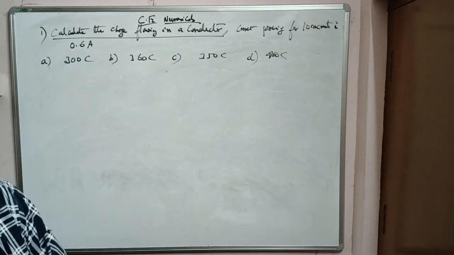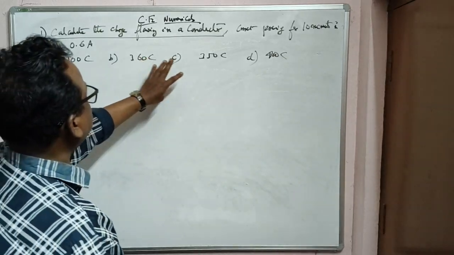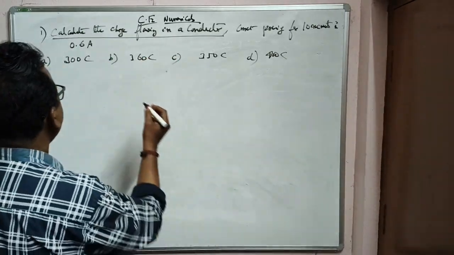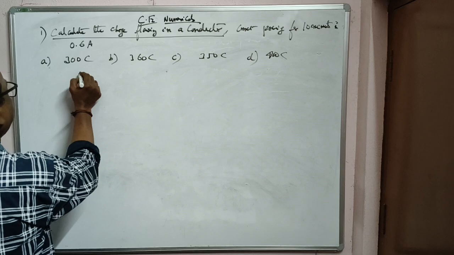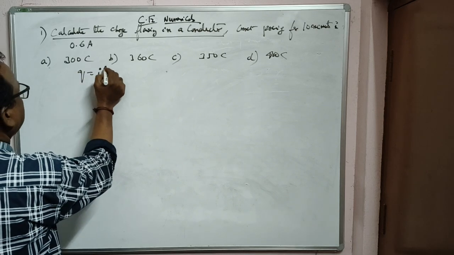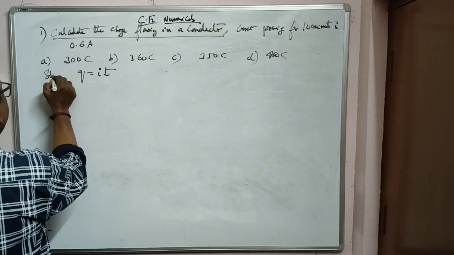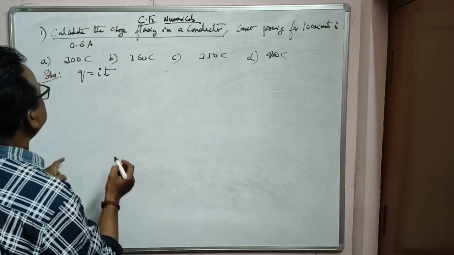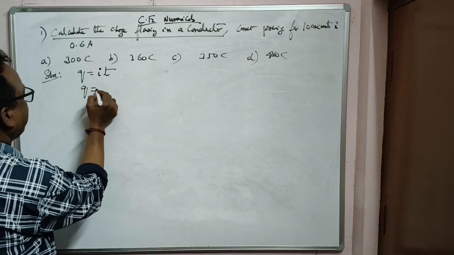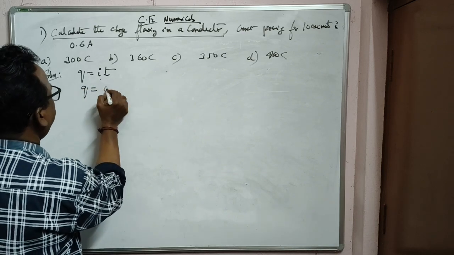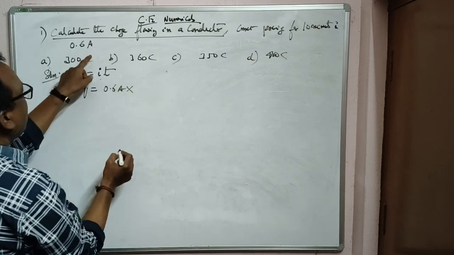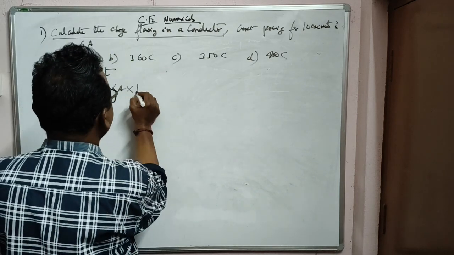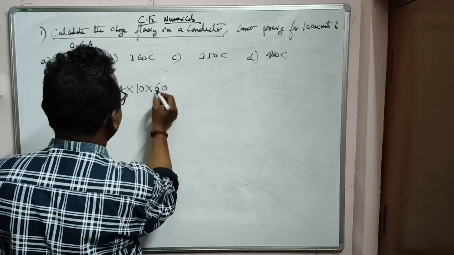Let us try to solve this problem. This is the basic formula I told you in the beginning of the concept: Q is equal to IT. He is asking to calculate the charge Q. I is 0.6 amperes, and the time is 10 minutes, so 1 minute is 60 seconds, that is 10 into 60.